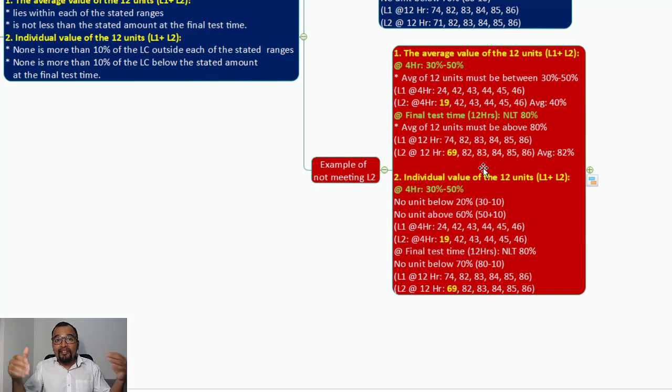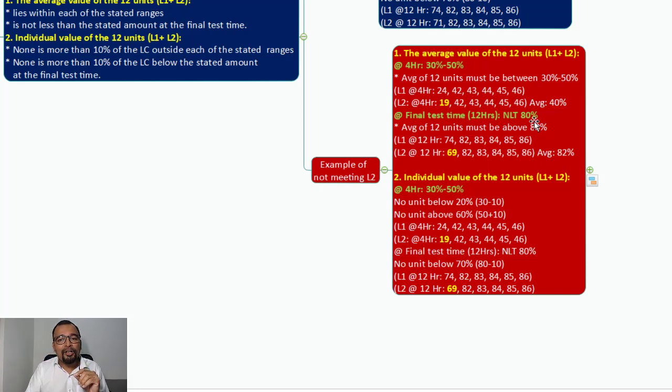My L1 values are 24, 42, 43, 44, 45, 46%, and L2 values are 19, 42, 43, 44, 45, and 46%. So what is the average value? I got 40%. So the 40% average value is well within 30 to 50%. So I can say that now my average value requirement at fourth hour is met.